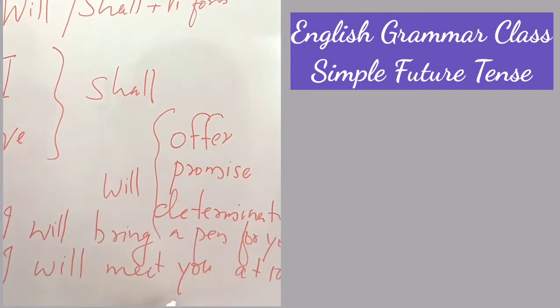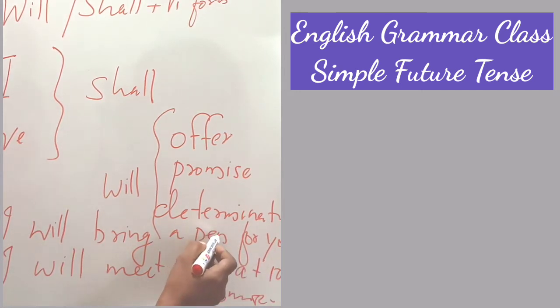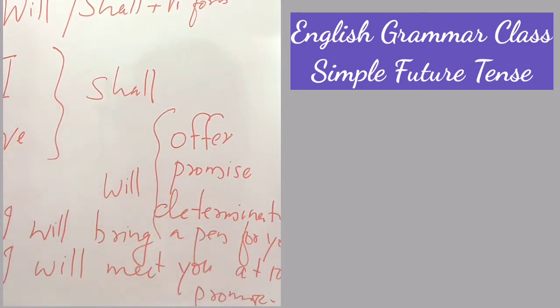It is an example of a promise. Here a promise, here an offer. Then, I will win the match. That is the determination. I will win the match.